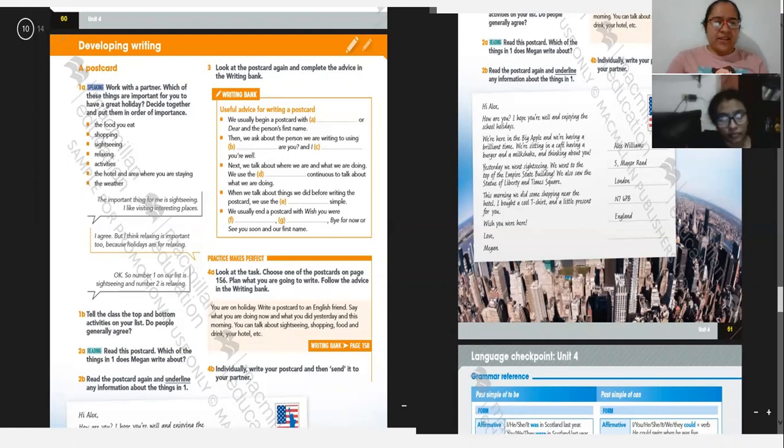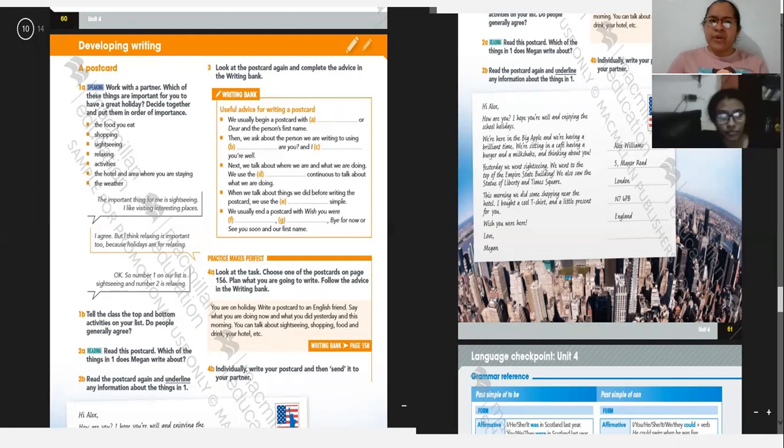The level of this activity is, I think, intermediate, because they need to think a lot about what words they need to use for the postcard. But with the help of the teacher, they can develop their skill more, and they need to continue to finish the activities, or the writing activities in this case.